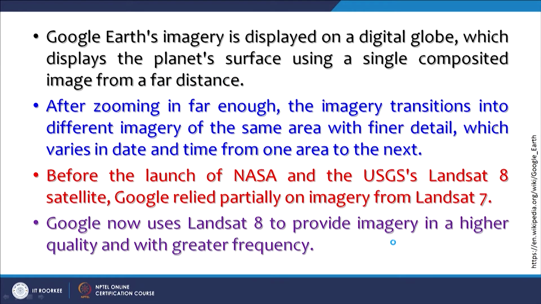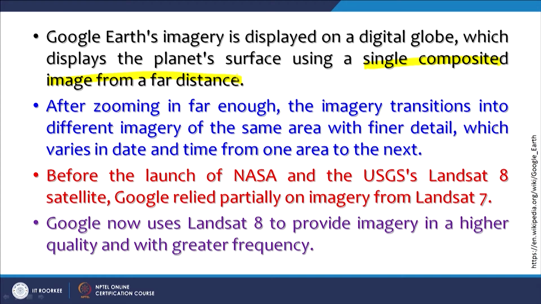As you know, Google Earth imageries are displayed on a digital globe, which displays the planet surface using a single composite image from a far distance. So when we see from far from Earth, we see one complete image.